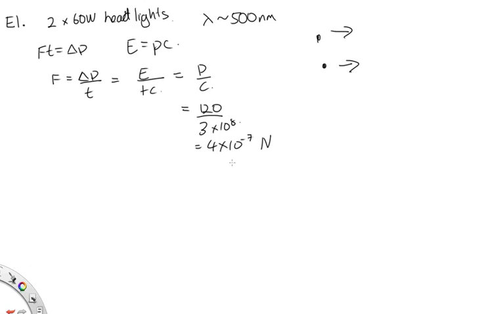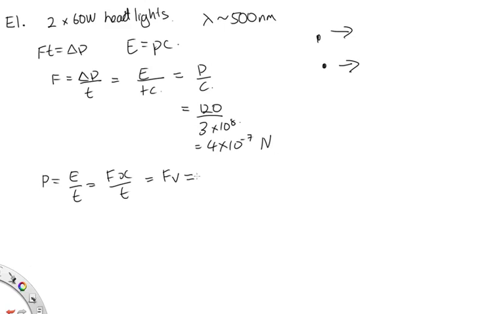And then the question goes on, what extra power is required to overcome this at 100 kilometers per hour? So the power, we've already said, is equal to energy over time. Now, energy, this is the work that you need to do to overcome this. So this is Fx over t, and x over t is the speed, so we've got Fv.